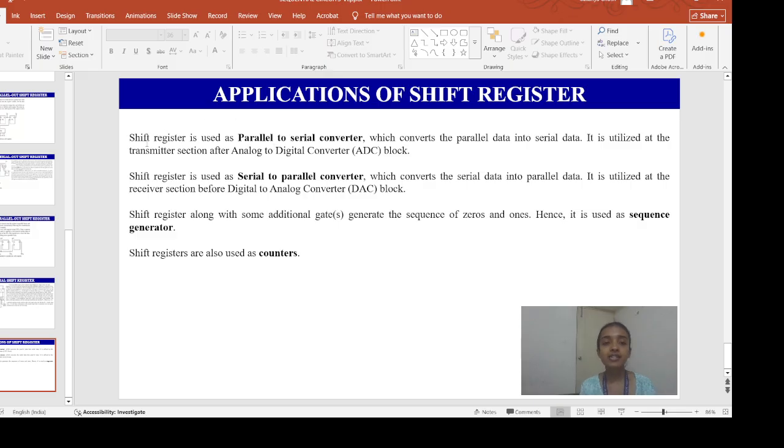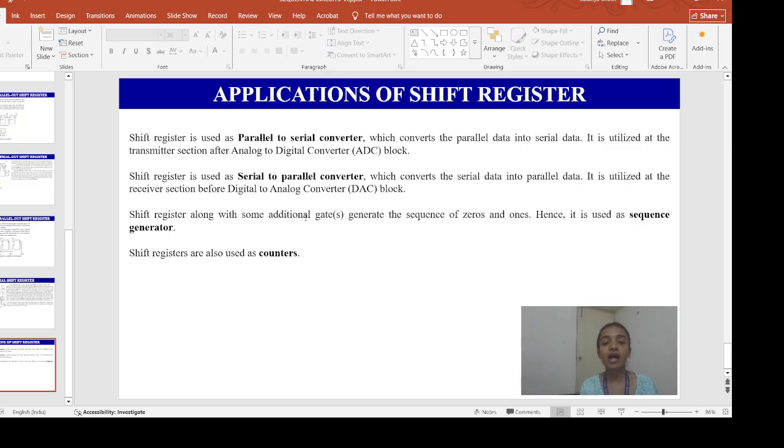It is utilized at the transmitter section after the analog to digital converter, ADC, block. A shift register is also used as a serial to parallel converter, which converts the serial data into parallel data. It is utilized at the receiver section before the DAC, digital to analog converter, block.